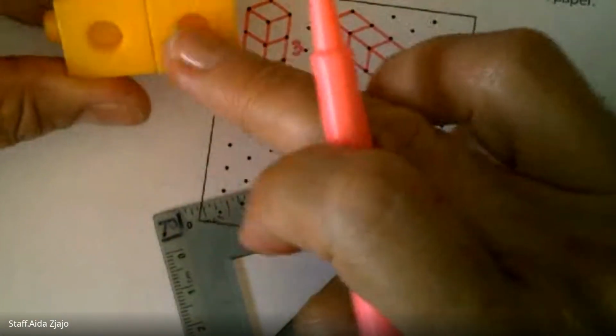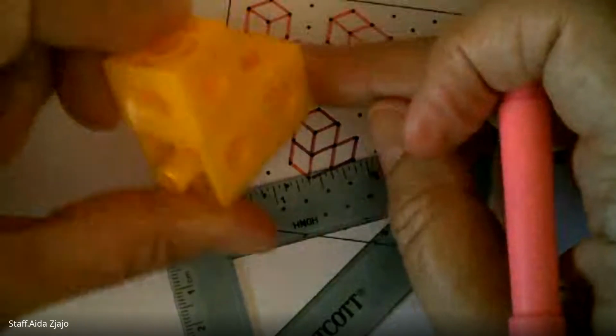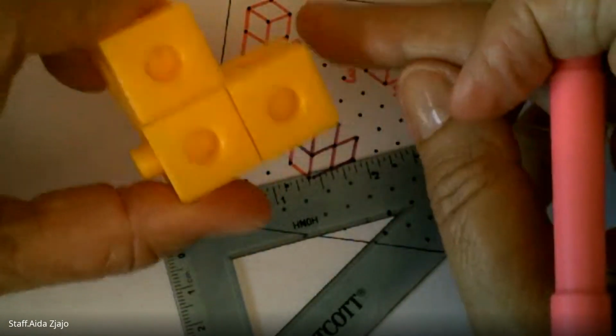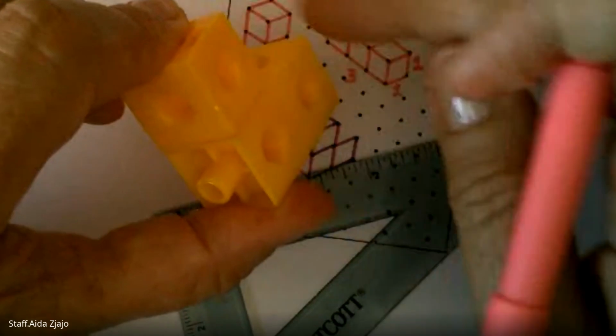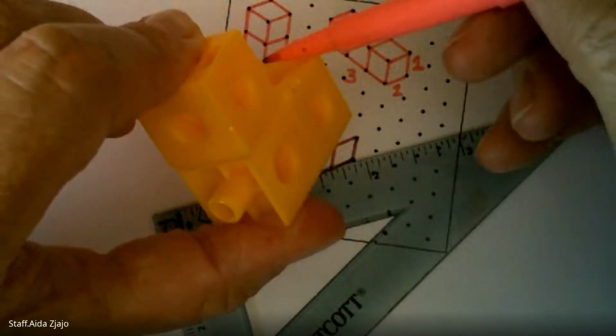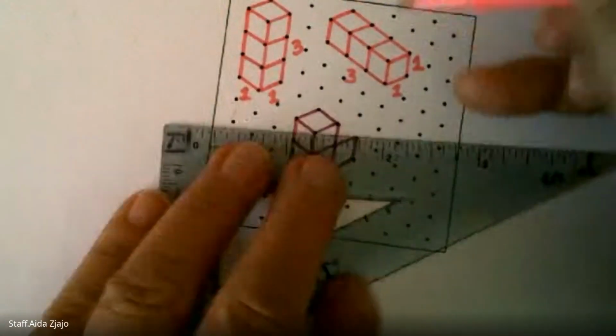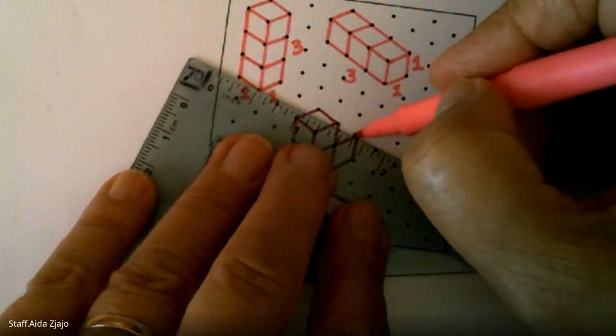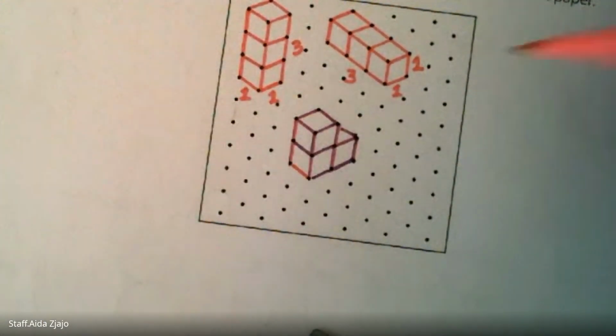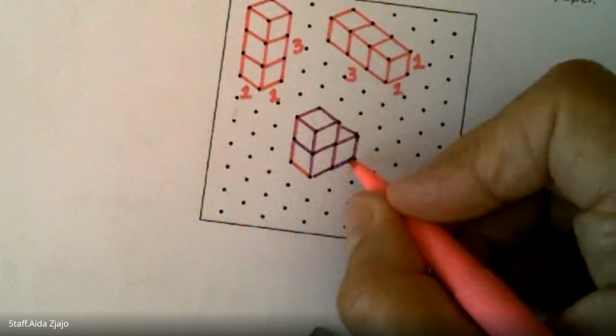Then I will see just a little bit of it right there. So I'm going to make that about like this. So here is 1, 2, 3.